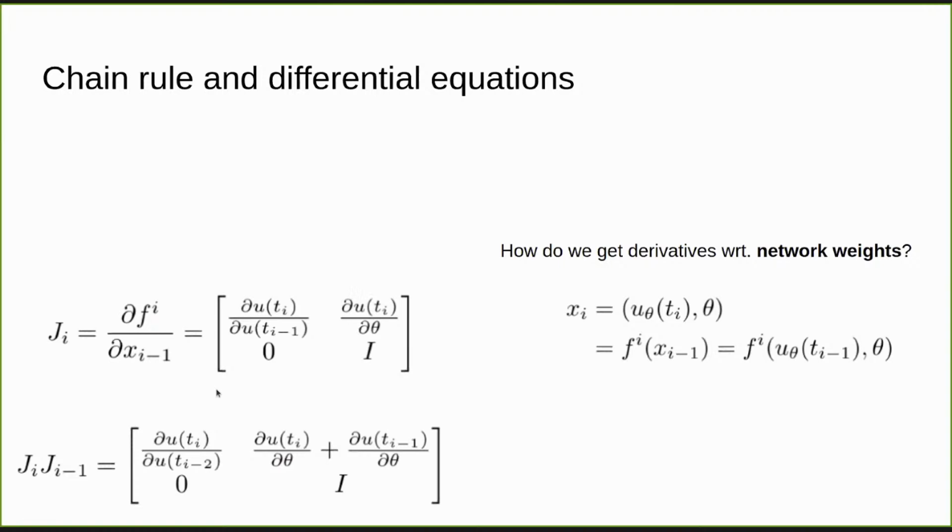Very quickly, the cool thing is, if you multiply two of these for neighboring time steps, as you do with the chain rule, one of the blocks is going to track the derivative of current time steps with respect to other states at times which are further and further away. So this is how you differentiate the final state with respect to any intermediate state and even the initial state. And one of the other blocks is going to start accumulating the derivatives with respect to the network parameters, which we actually wanted to get out of this.